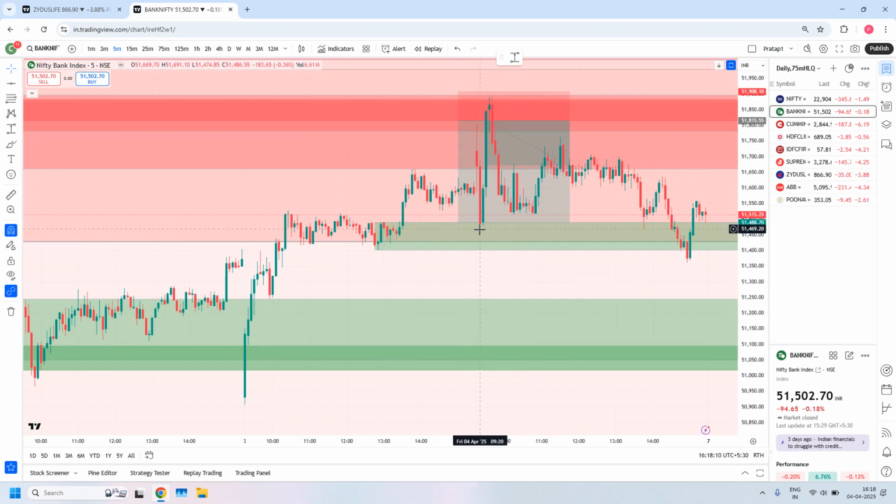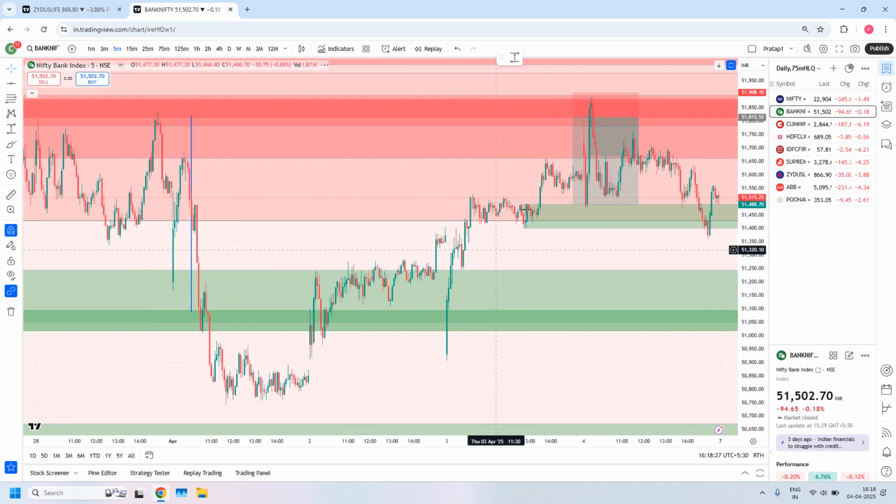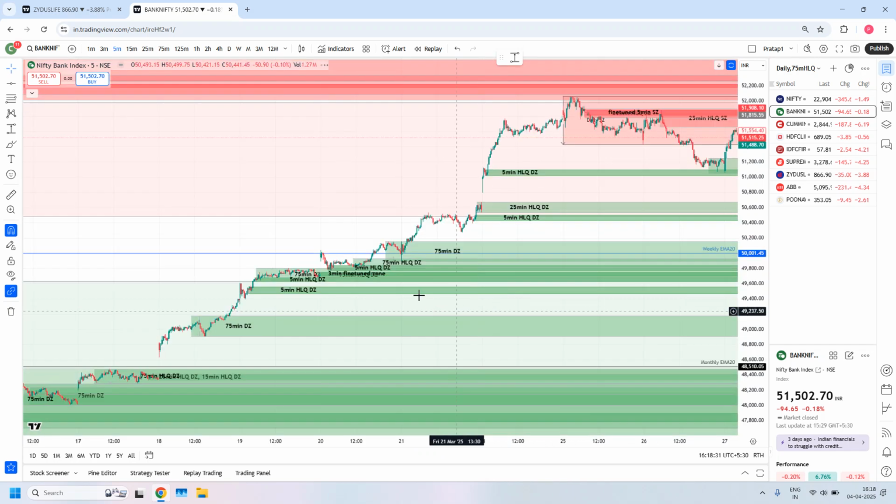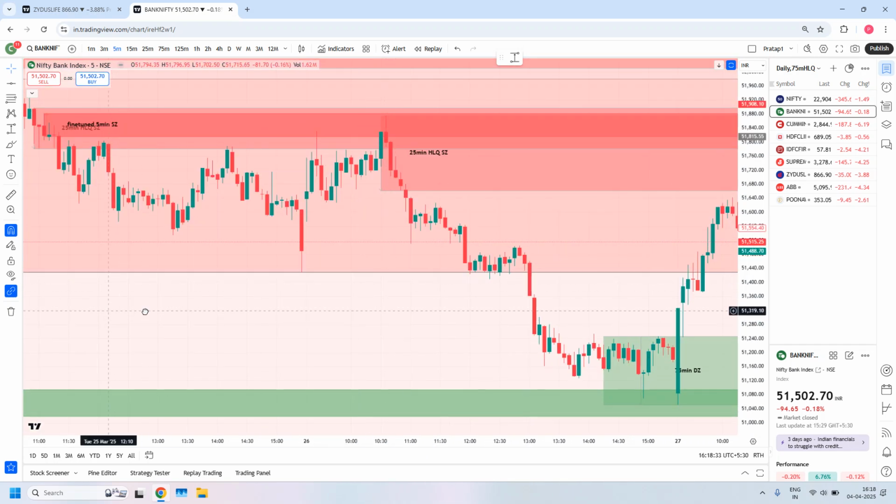Look into BANKNIFTY. In the most recent lesson in our training, we analyzed BANKNIFTY last weekend. In our analysis, we identified a fine-tuned 5-minute zone that is acting as a high liquidity zone.